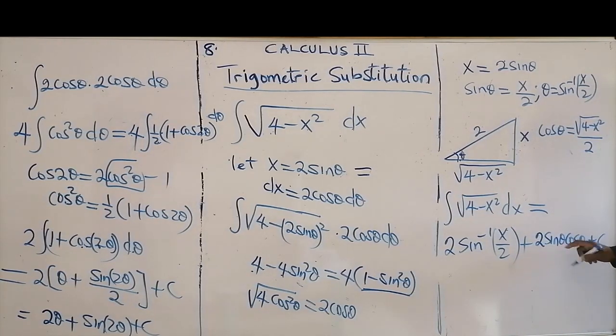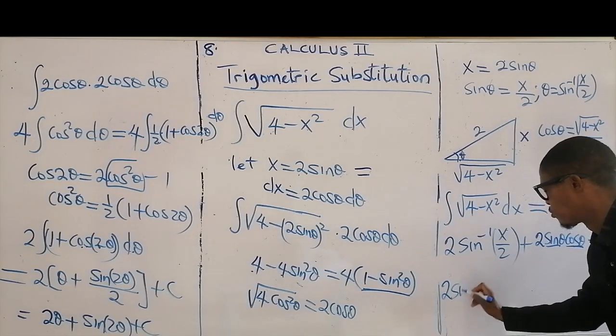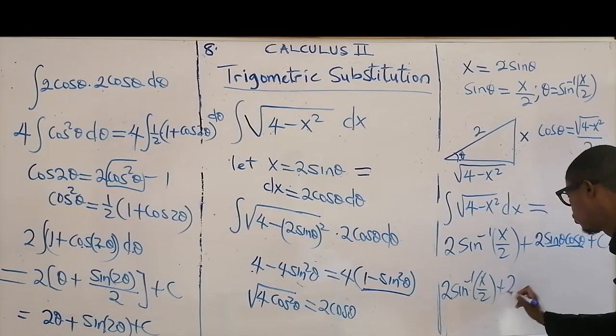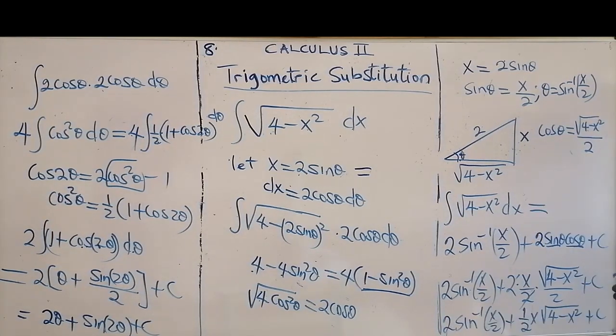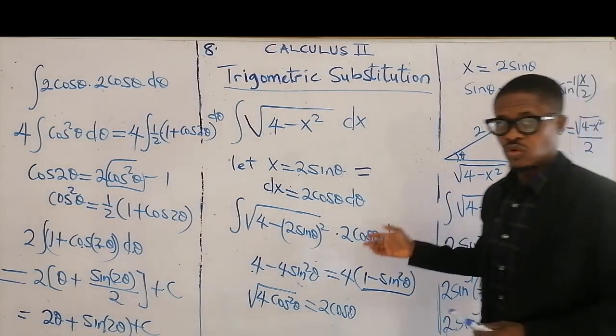So let's now substitute for sine theta and cos theta. So the final answer will be this plus 2 times, my sine theta is x over 2, then cos theta is square root of 4 minus x squared over 2, plus c. So here, this one we cancel. So I have this one. That is that on this question.